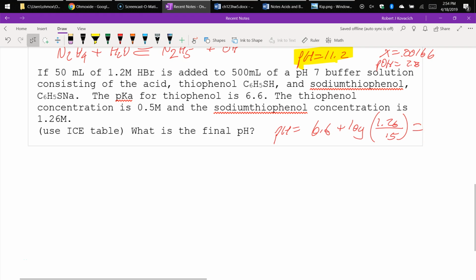Let's make sure that's 7. 6.6 plus log 1.26 divided by a half, close parentheses, equals, yeah, I got 7.0014. So 7 with sig figs.